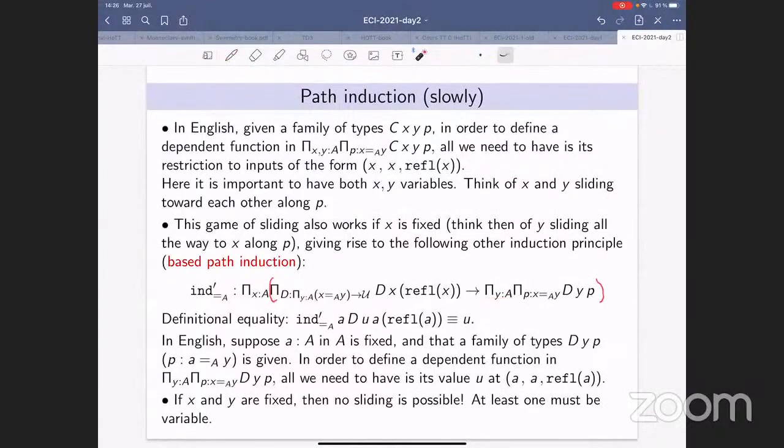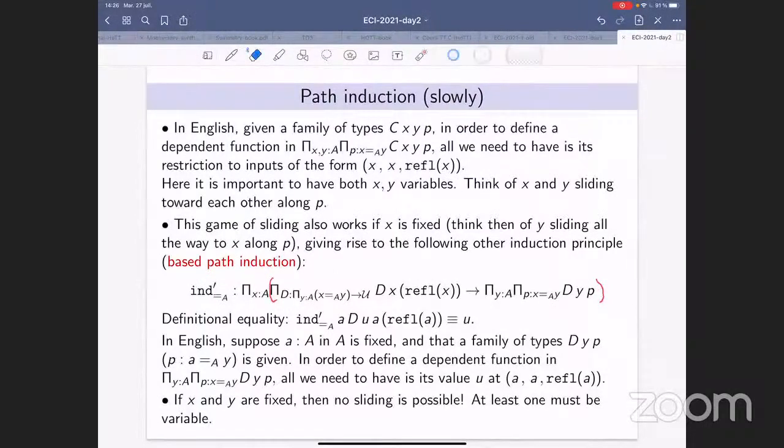So the question is, given that X is fixed, how can you build a function that will take any other point Y, and then any equality P that X is equal to Y, where X is fixed but Y is varying, and produce an element of D Y P?